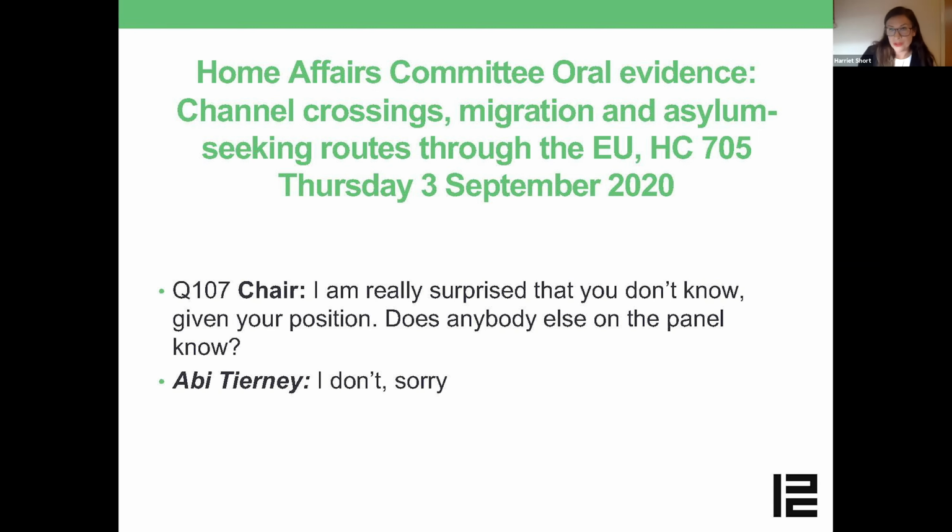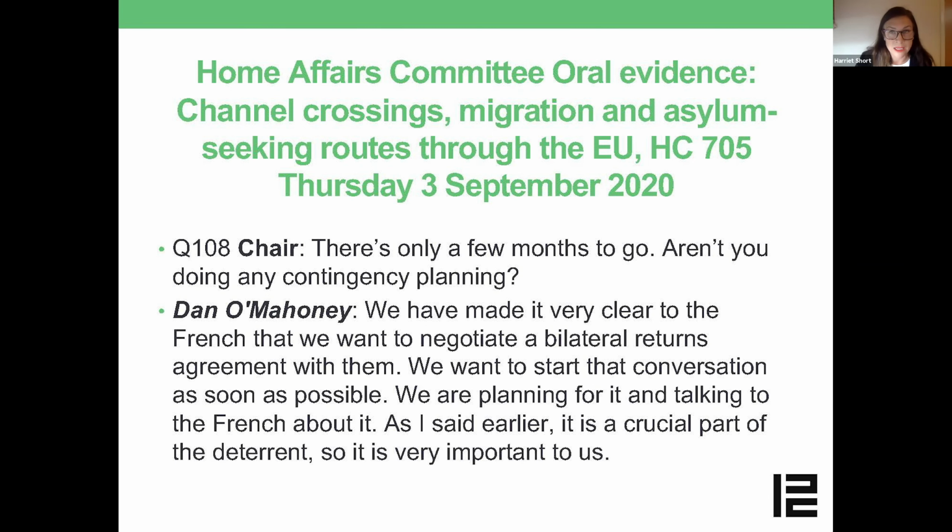And in case you thought that the Home Office might really want to know who they can expel from the United Kingdom after Brexit, we've got here at the next slide, Dan Mahoney, whose title is Clandestine Channel Threat Commander for the Home Office. He's asked whether they're doing any contingency planning, and don't worry, they want to start that conversation soon.